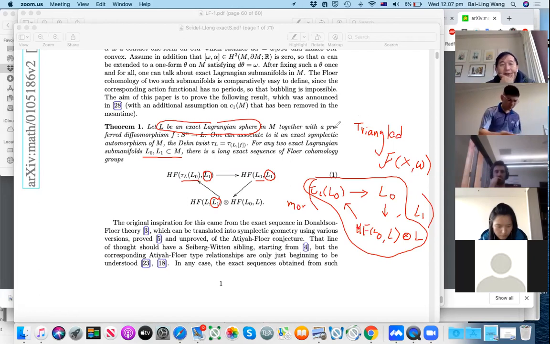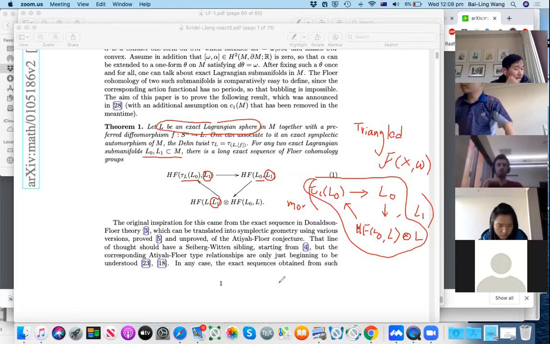Okay, so maybe next time I will try to cover some of the results in this paper. Before we look at the braid relation, in that example we have this Lefschetz fibration.